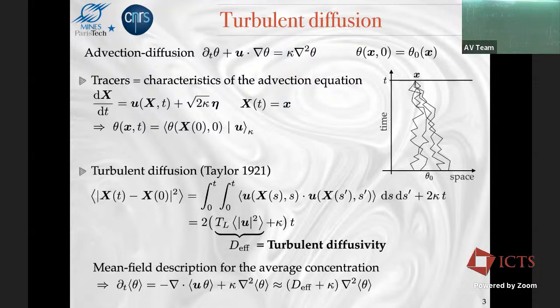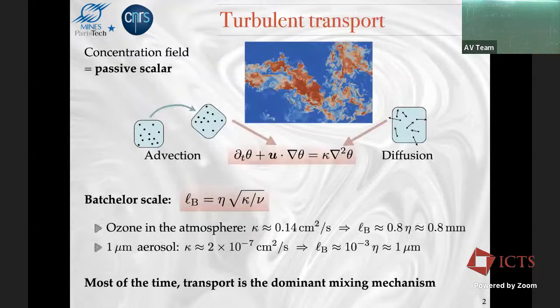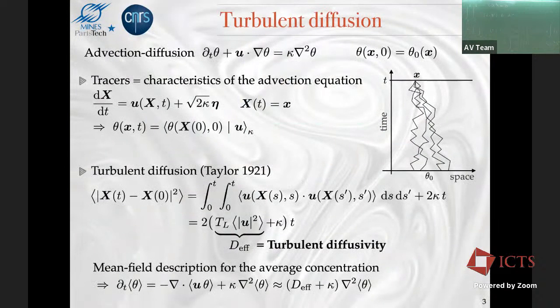TL, I'm sorry, TL here is defined as the integral correlation time. So it's the integral of the correlation divided by the variance. This is just what I wrote here.